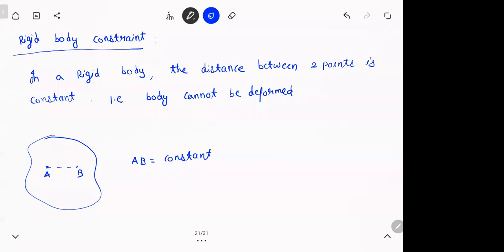This particular property of not being deformed helps us to find relations between things. For example, if you remember the second example, a rod in between A and B, that was a rigid rod. When B is going, A also has to go because the distance between them is constant.